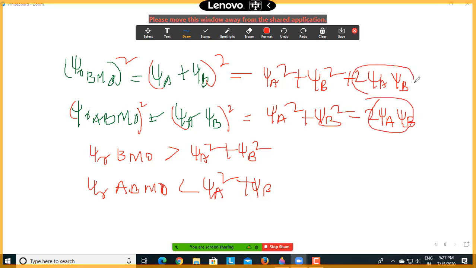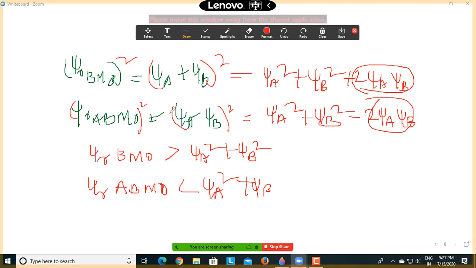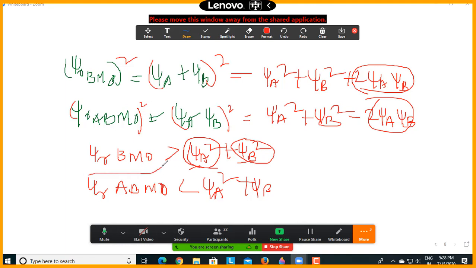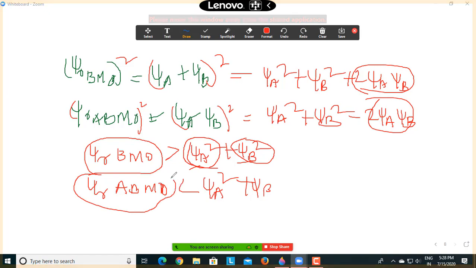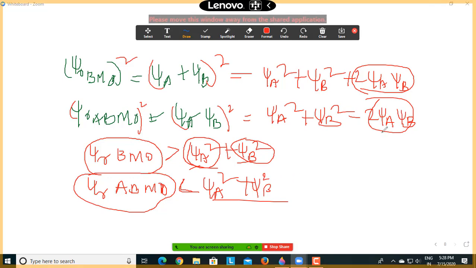This is more by this value, this is less by this value. Is that clear? Psi a square is the probability density of electron wave of A. Psi b square is the probability density of electron wave of B. So the electron density of the bonding molecular orbital will be greater. In the anti-bonding molecular orbital, the electron density will be less than before, by 2 psi a psi b. Is that clear?